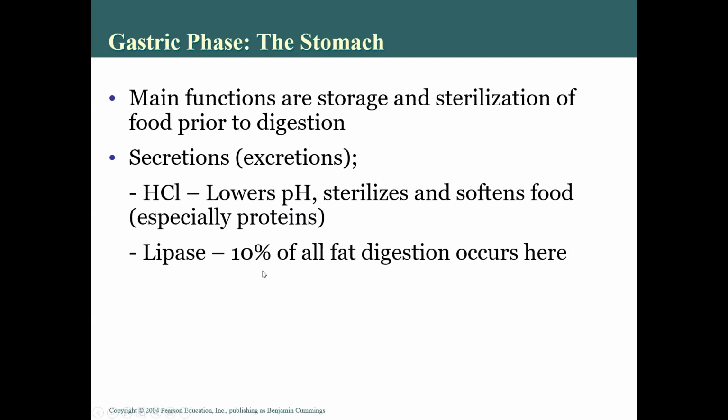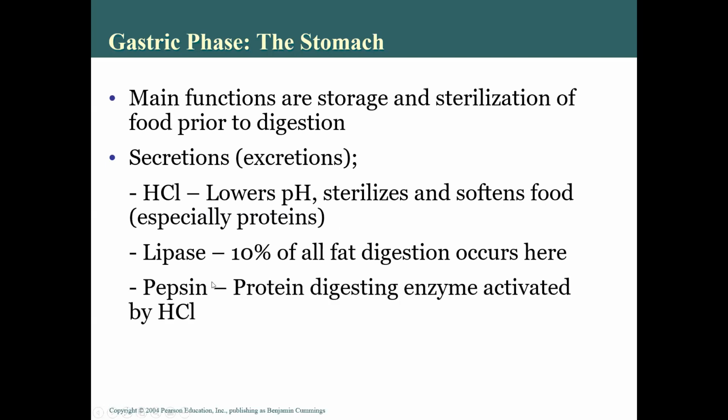So there is a little bit of actual digestion of fats in the stomach. Pepsin is an enzyme that digests proteins, and it gets activated by hydrochloric acid. When it is first released, it's called pepsinogen, which means it's inactive. The hydrochloric acid converts it from pepsinogen into pepsin, and now it's ready to digest.